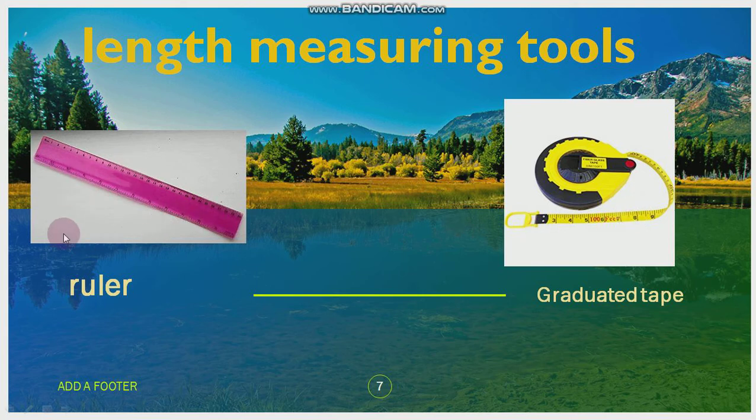I can use ruler to measure short lengths. But I can use graduated tape to measure long lengths.